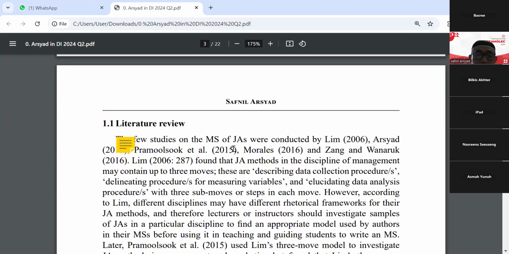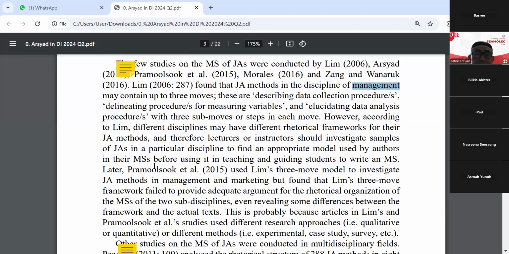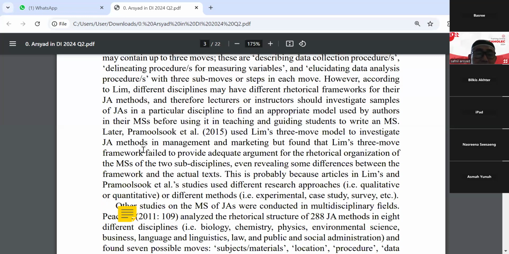So in the first paragraph, the author refers to studies on the method section in the discipline of management, by Lim, and also Pramusuk, who used Lim's move model to investigate journal article methods in management.